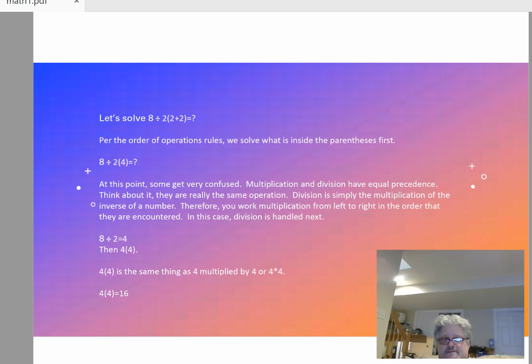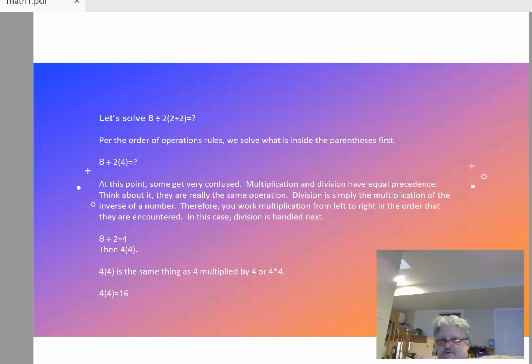Now at this point, some people get really confused. Remember, multiplication and division have equal precedence. So therefore you're going to work from left to right. Whichever one comes first, left to right, that's the order that you do them. Now, in this case, the division is left of the multiplication, right? First you've got 8 divided by 2.